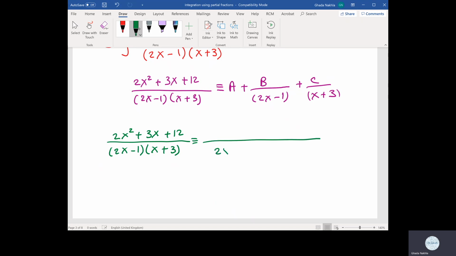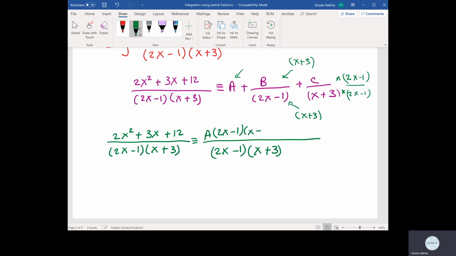So the common denominator is 2x minus 1 and x plus 3. For b, I'm going to multiply the top and the bottom by x plus 3, and for c, I'm going to multiply the top and the bottom by 2x minus 1. So a(2x minus 1)(x plus 3) plus b(x plus 3) plus c(2x minus 1).